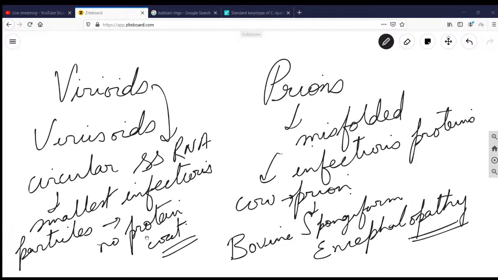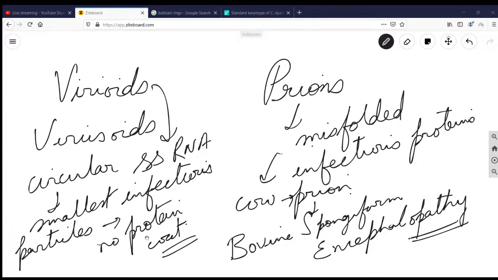Most amino acids are coded by more than one codon. That is degeneracy. But one codon always codes for one amino acid. Suppose AUG cannot code for any amino acid other than methionine. Except methionine and tryptophan, which are coded by only one codon each. But serine has 6 codons that can code for it.